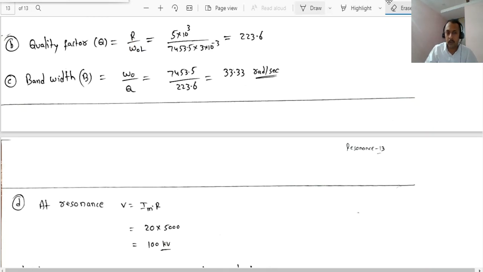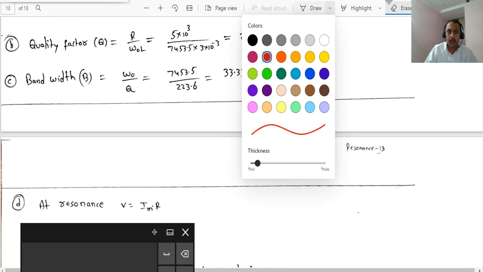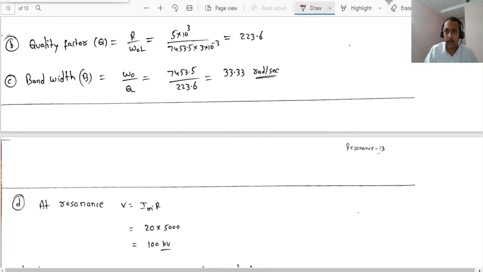The value of Q is very high, right? If you want this, you can refer to Fundamentals of Electric Circuits by Charles Alexander if you have any doubt. Now the bandwidth B is given by omega naught by Q. So 33.33 radians per second.